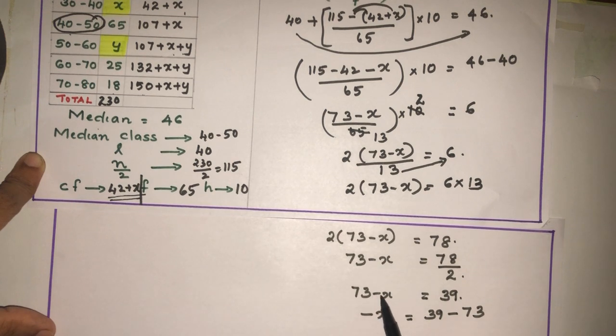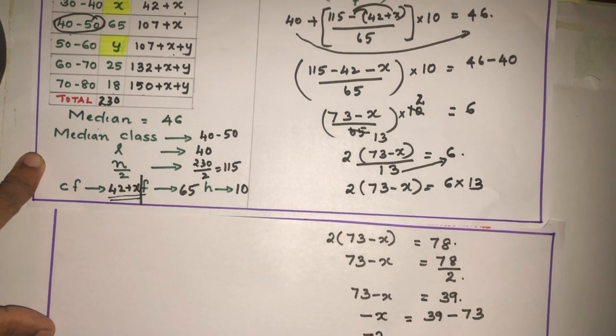Don't forget to consider this minus. So minus x equal to, what is 39 minus 73? So here we have to subtract and put the sign of greater value, numerical value. So answer is 34, minus 34. If minus x is minus 34, what is x?